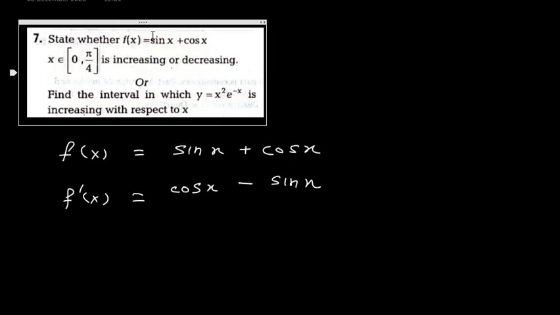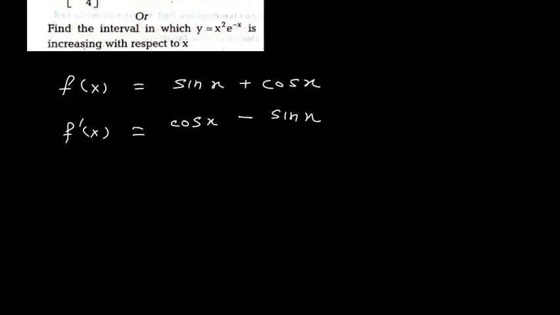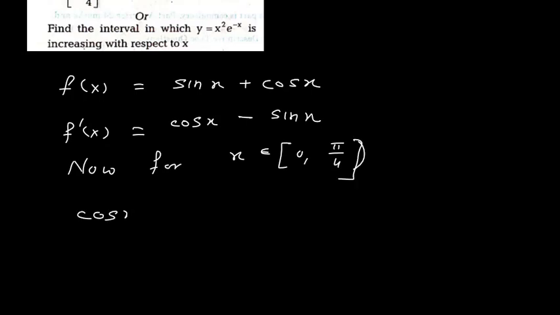Now state whether this is increasing or decreasing for x between 0 to pi by 4. For x between 0 to pi by 4, cos x is always greater than sin x. You can see that the value of cos 0 is 1, but the value of sin 0 is 0, so cos 0 is greater than sin 0.